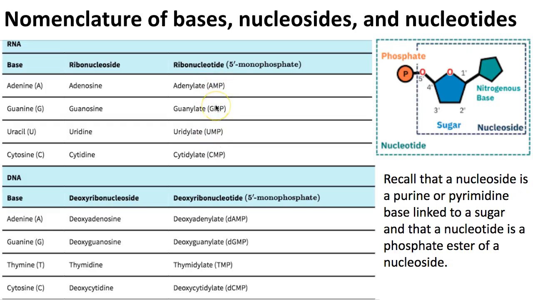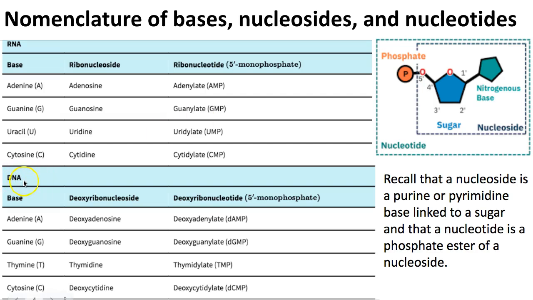The M stands for how many phosphate groups you have. If you only have one, which is mono, that is represented by the letter M. If you have ADP, that means there are two phosphate groups. And when you have three phosphate groups, that is when you have ATP, where you have that T in the middle.